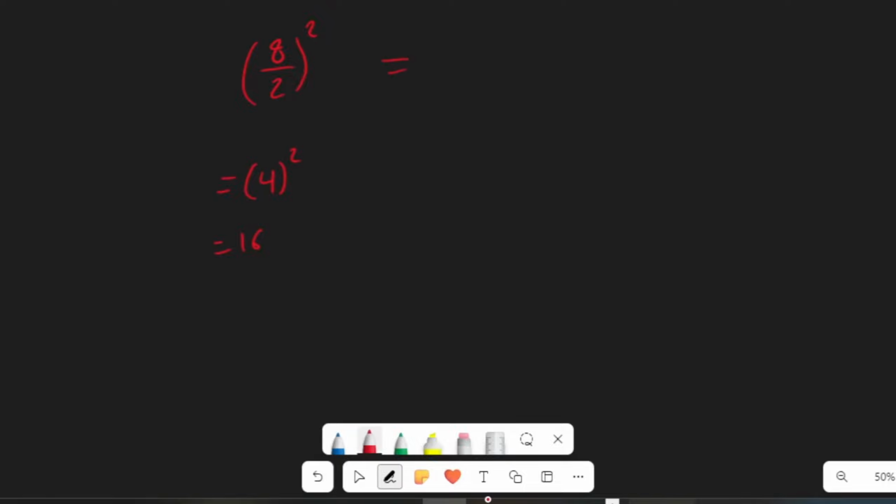So we can get 8 squared over 2 squared, which is 64 over 4. Gives us 16.